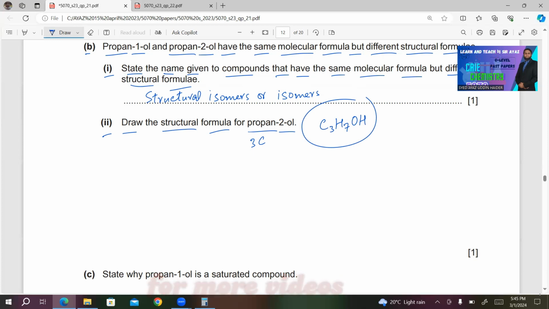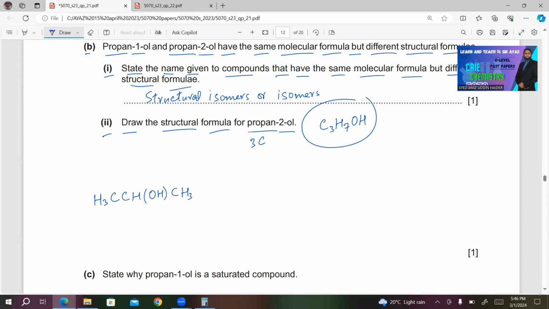Now I'm drawing the structural formula of this propan-2-ol. We must have H3C-CH. Now you must have OH at the second position. So I will write OH in the bracket here. Then we are left with CH3.